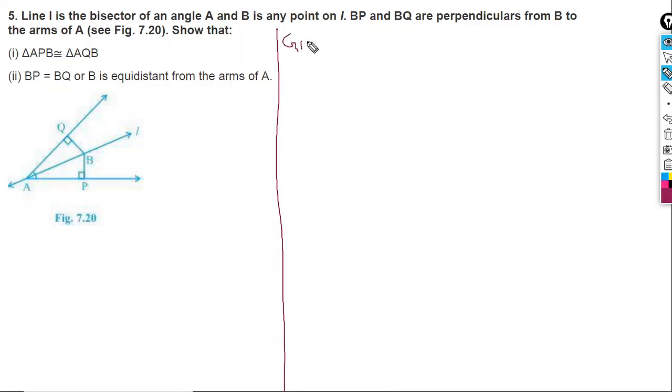So, given. First draw the figure, then we will write the given. These two angles are equal as AB is the bisector of angle A, therefore we will write angle QAB equals angle PAB.